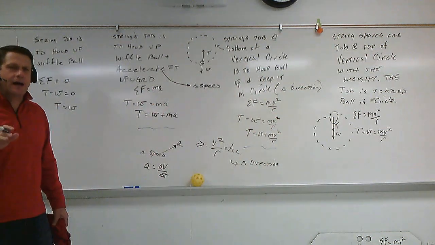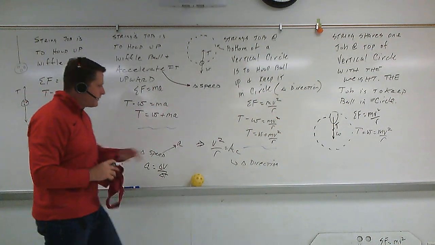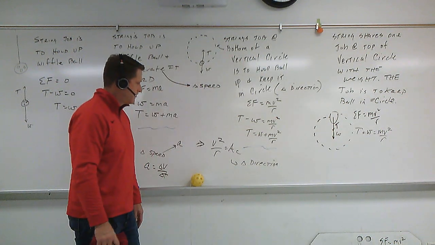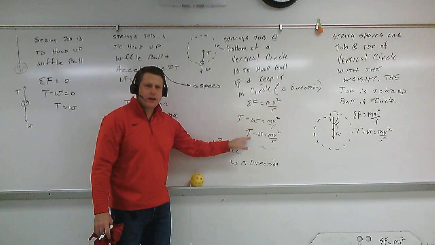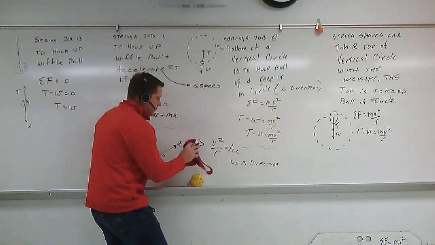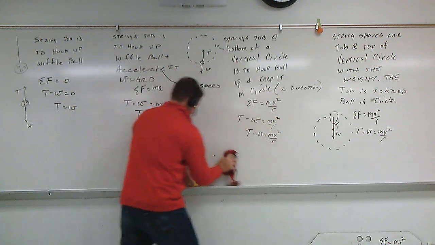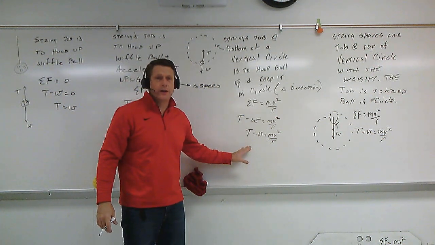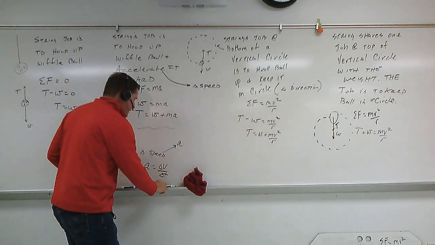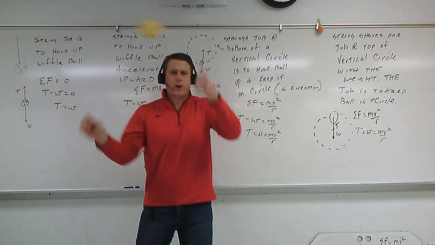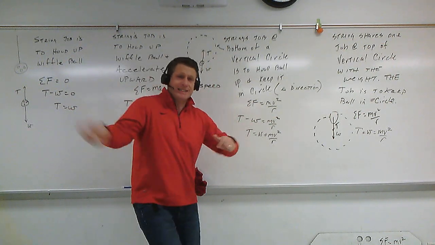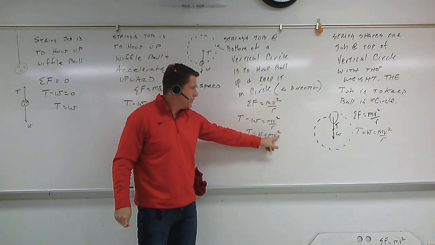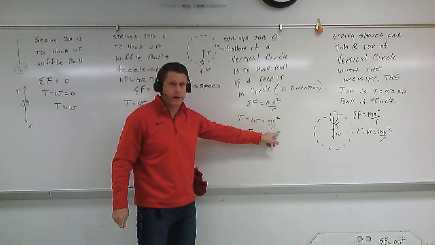Now look at the math here. There's a limiting factor over here because the string can only do so much. In other words, if I put this thing super fast, this v value gets bigger and bigger and bigger.